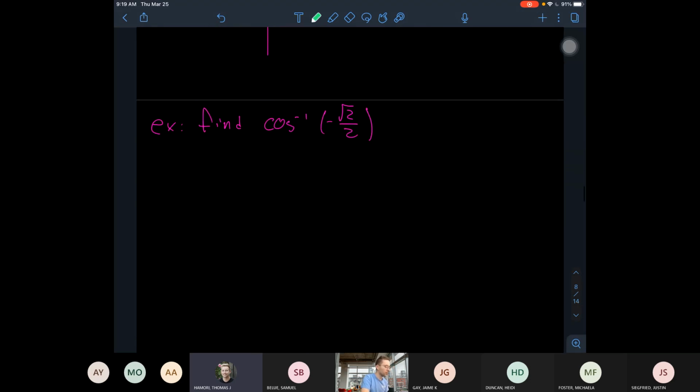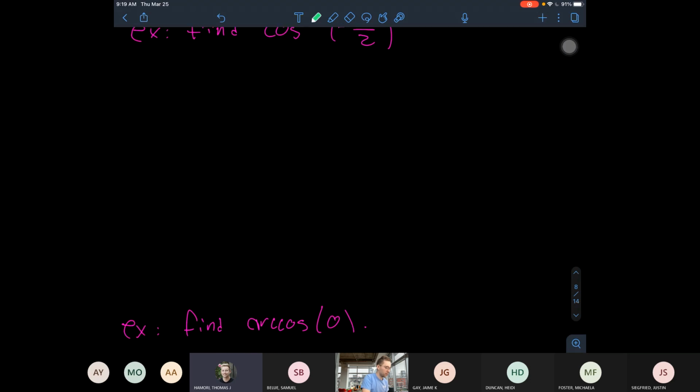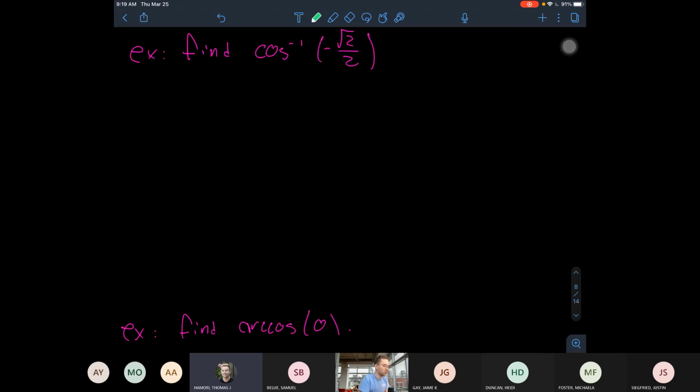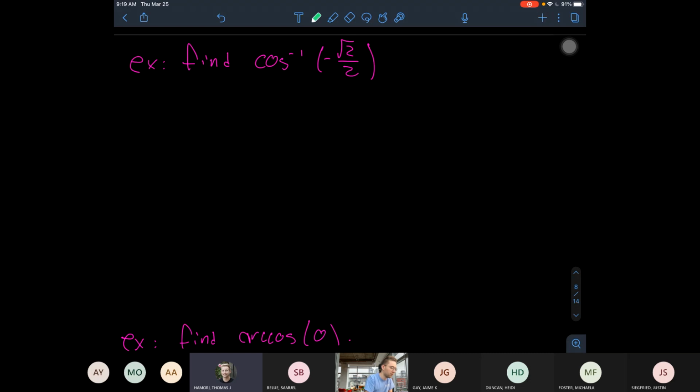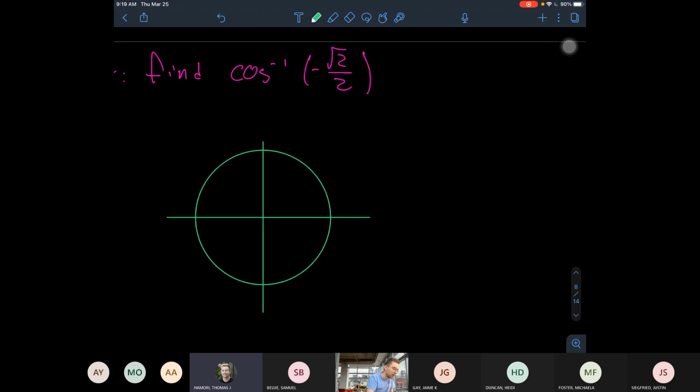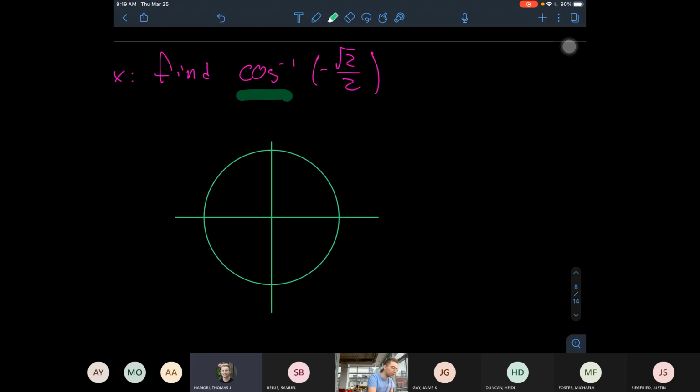Okay, so let's do an example. Again, we're going to do the first one together. I'm supposed to find cosine inverse of negative square root 2 over 2. So the first thing that I'm going to do is immediately draw a unit circle. And before I even begin trying to solve this, I'm going to recognize that this is a cosine inverse problem.